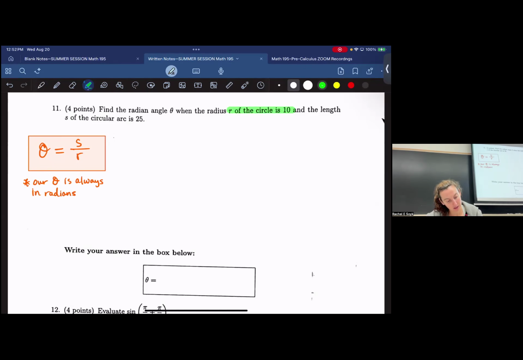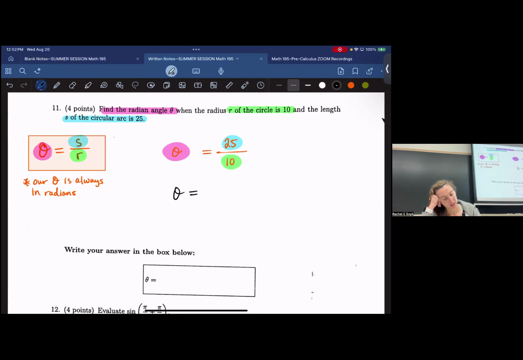If our radius is 10, and our arc length is 25, then we just divide the two by each other in order to get our theta. Theta is equal to 25 over 10, which tells us that our theta is 2.5 radians. And we're done.